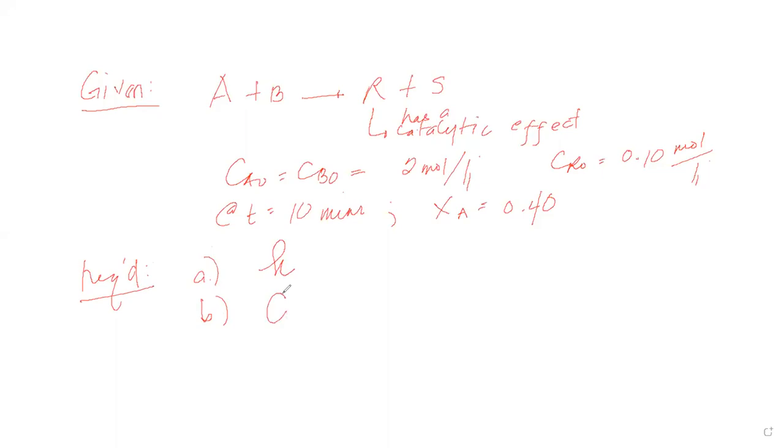So we say C sub A when rate is maximum. We want the concentration of A when rate is maximum. And here, T when rate is maximum. Okay, this is the information in the problem.